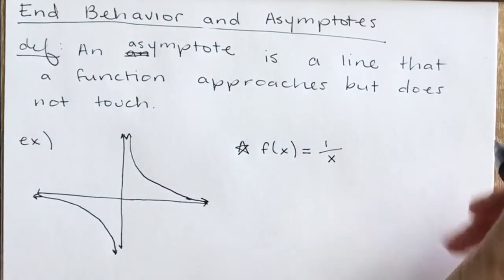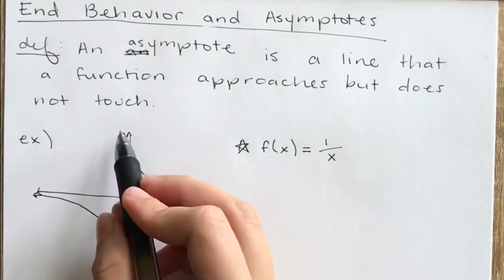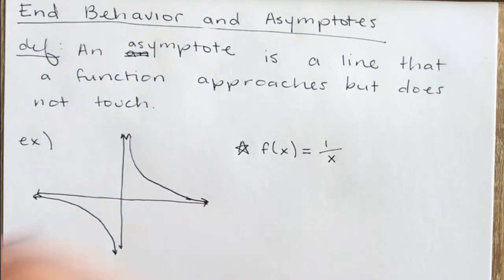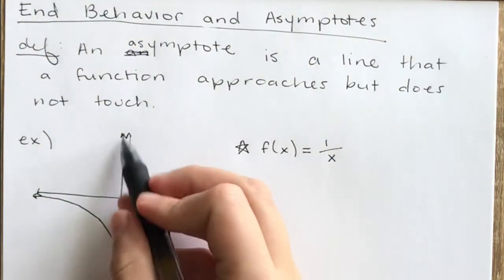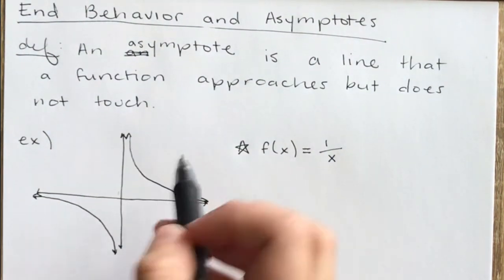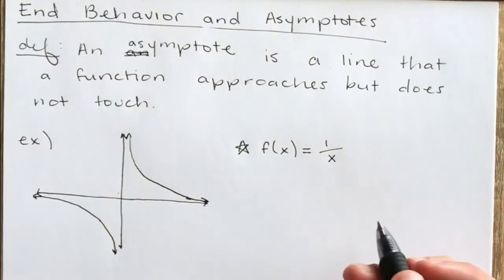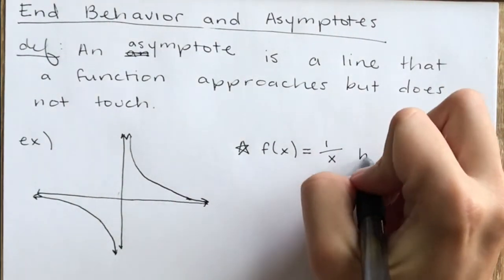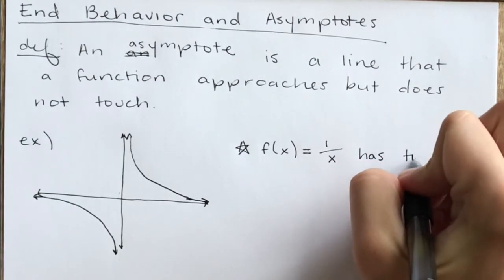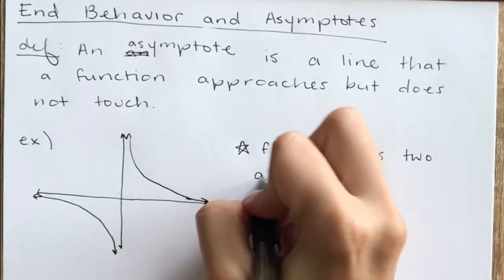So this guy has two places where we approach but do not touch, right? We are getting really, really close to both the y-axis and the x-axis, but not touching. So this guy has two asymptotes.